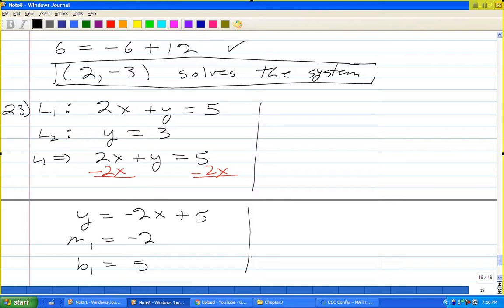Let's look at the second line. The second line is just a line of the equation y equals 3. So that means that this is a horizontal line.